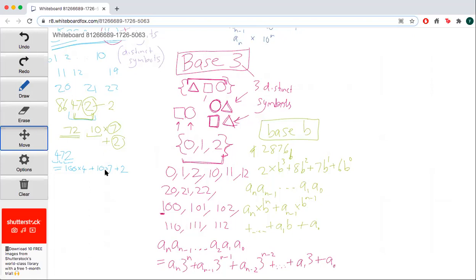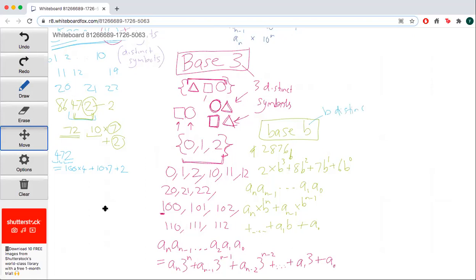And it's implied that the b is bigger than 8 when you use the 8. Oh, yeah, that's true. So in general, remember that what base B means is that we're using B distinct symbols.